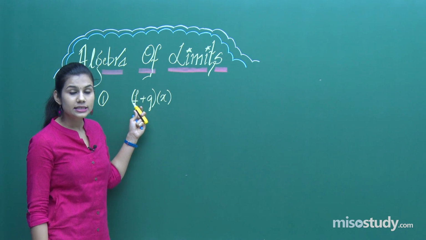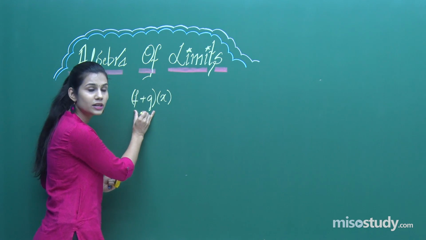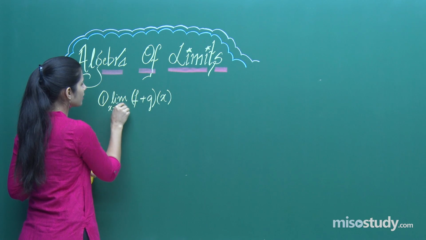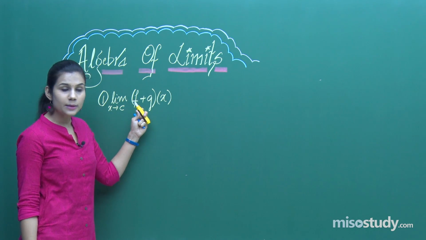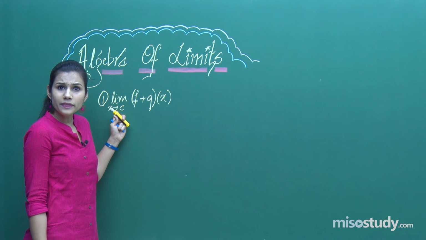The question is, if you wish to evaluate the limiting behavior of the sum function at the point C, what did you do? What did I teach you in that?